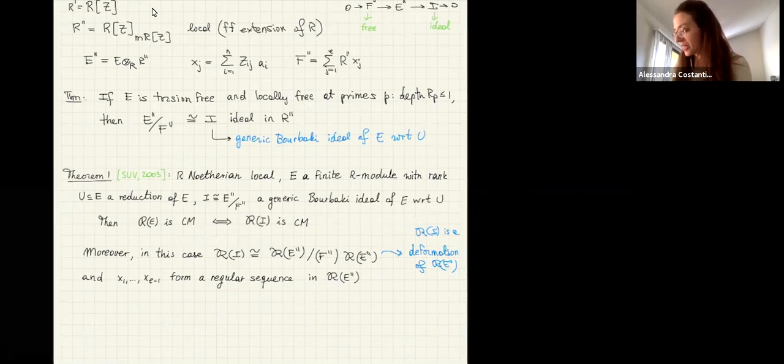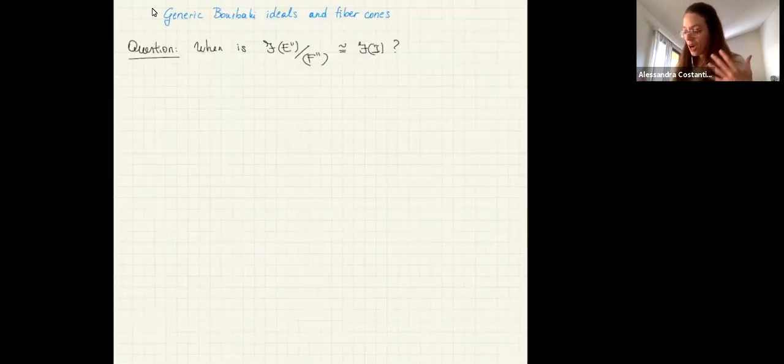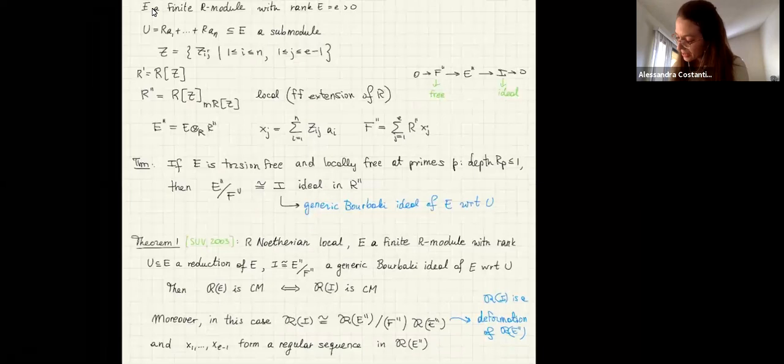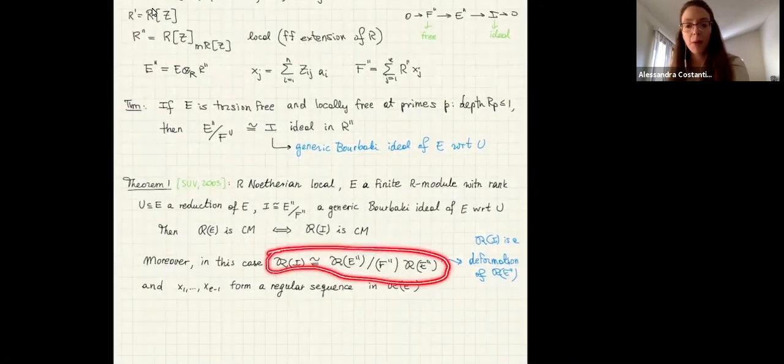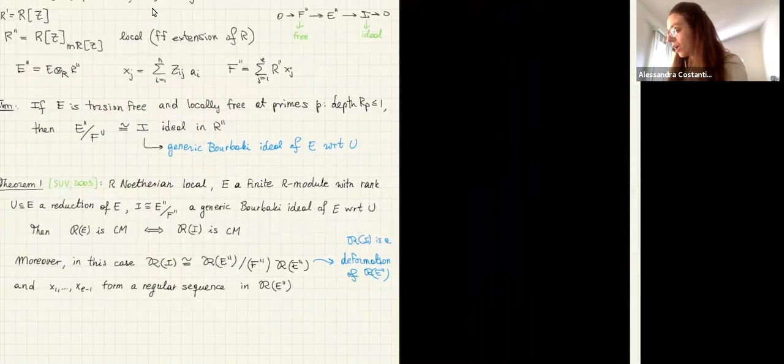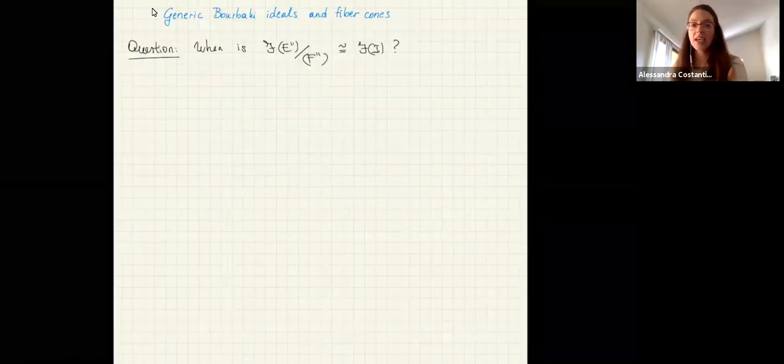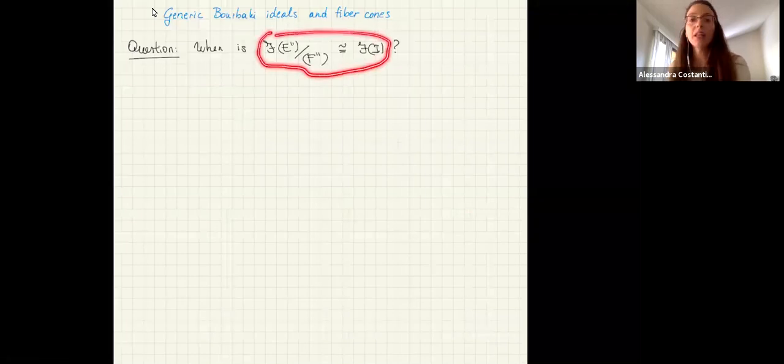What about the fiber cone? And most specifically, the key property is to make sure that this deformation property happens. The question is, can we find conditions so that we have a deformation also at fiber cone level?